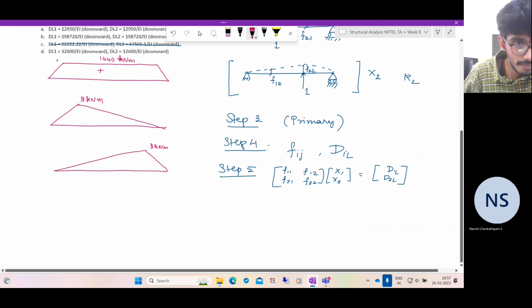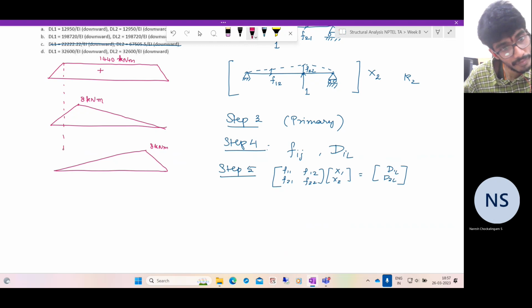So it helps to find these values. So this is nothing but 4 kilonewton meter.